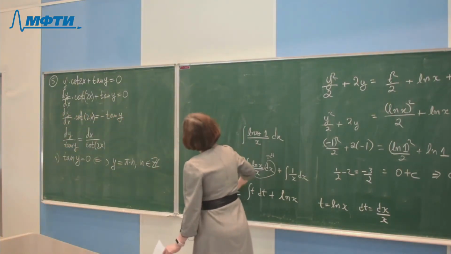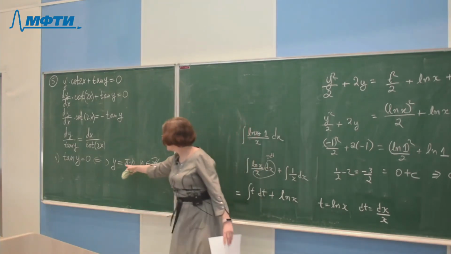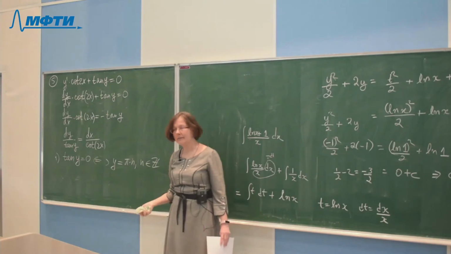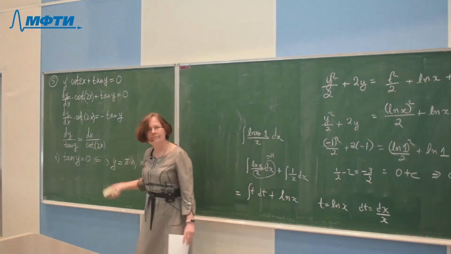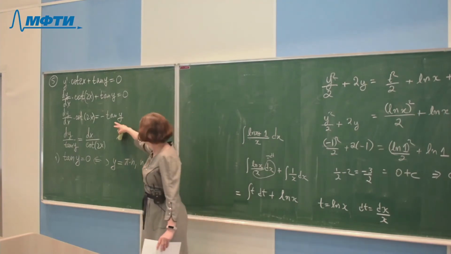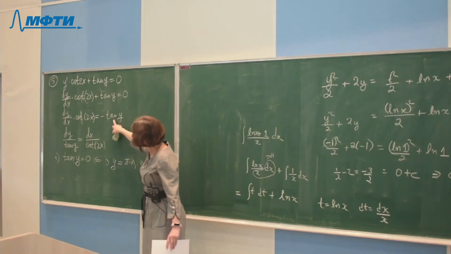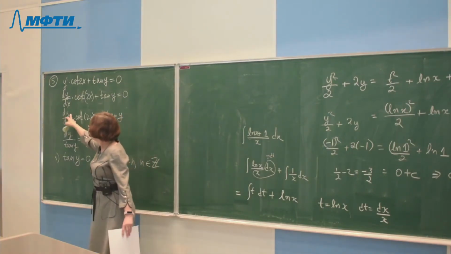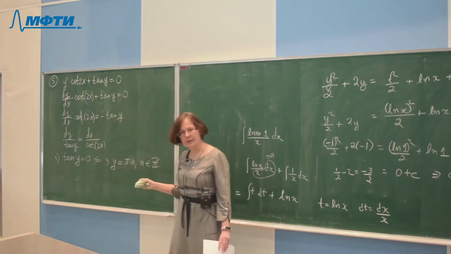Is it the solution? Is it a particular solution? So y equals pi times n. Of course, yes. If we substitute pi n for y in this formula, we will get 0 here, and dy will be equal to 0. And so this is a solution.